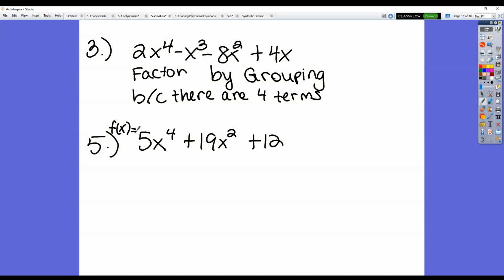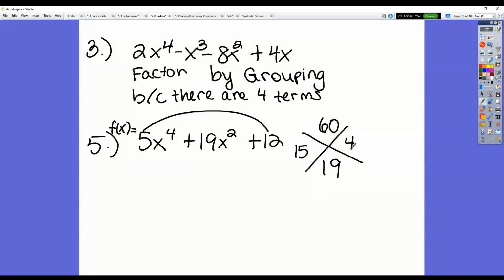Okay, this one, you're going to do slide and divide. 5 times 12 is 60. 15 and 4 are your factors. Notice that this is an x to the 4th, so cut in half when factoring.